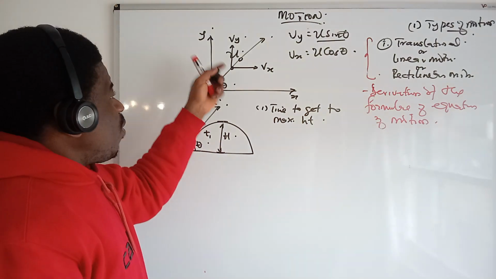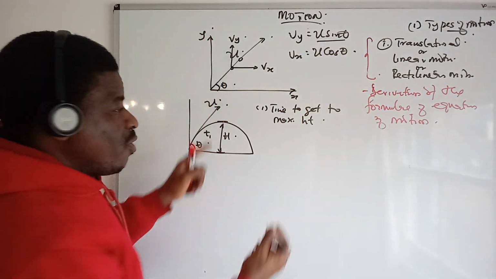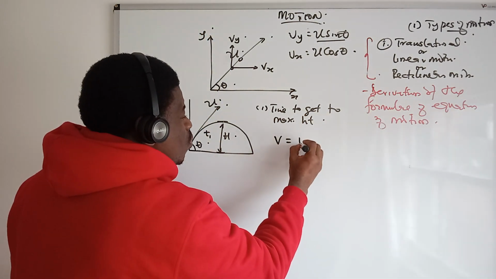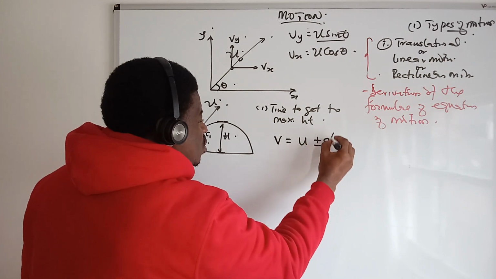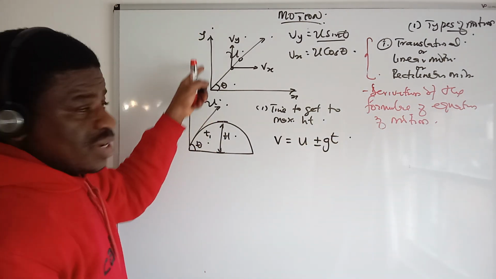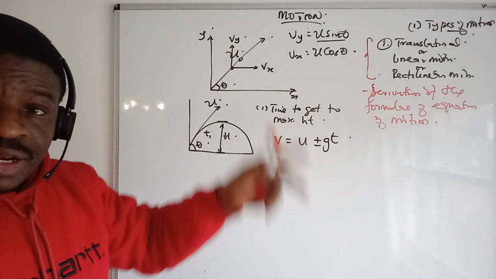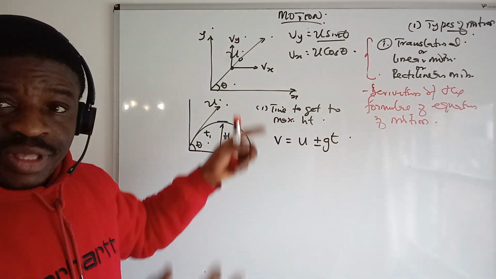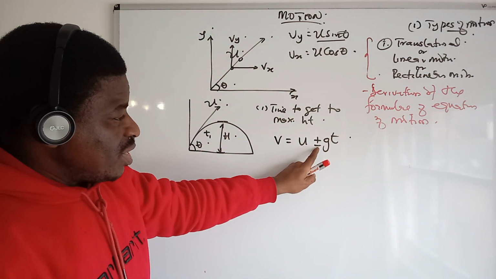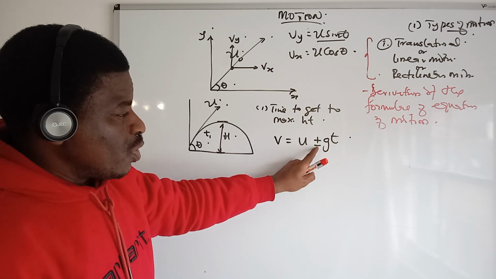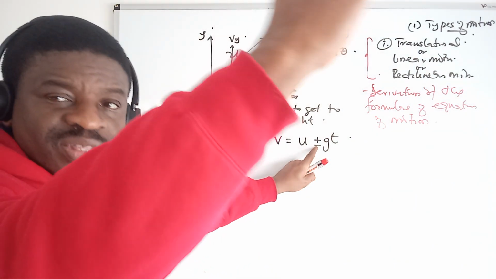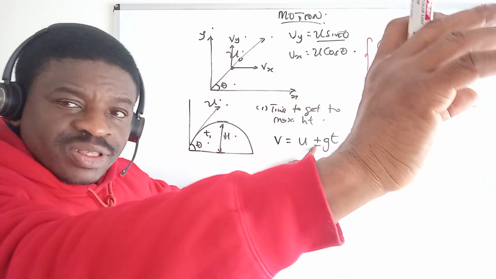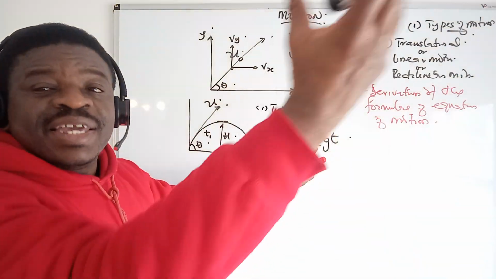Now, from the formula V equals u plus or minus gt, because we are using the vertical direction, upward. Are we using plus or minus? The object is going to the vertical height, going against gravity.